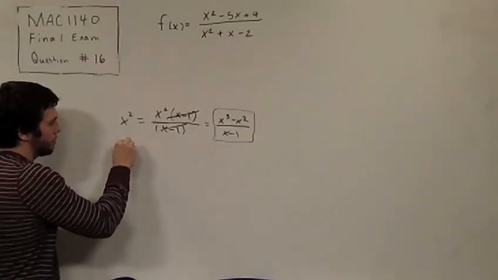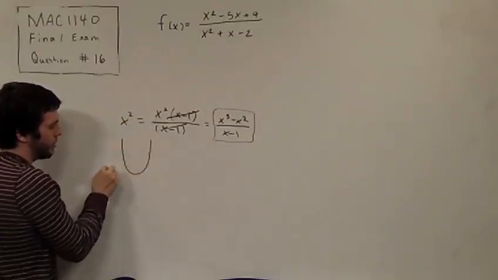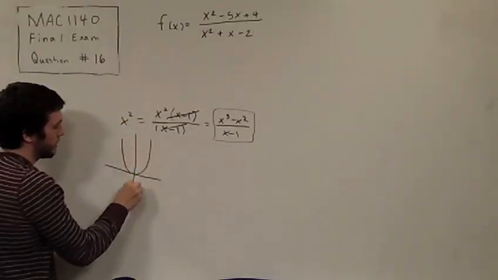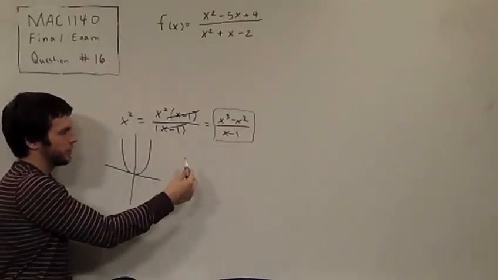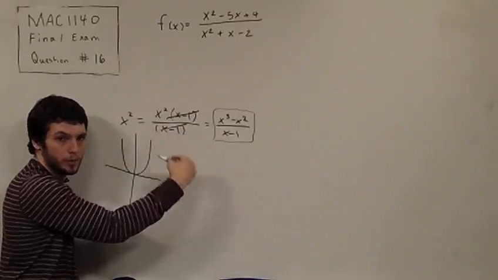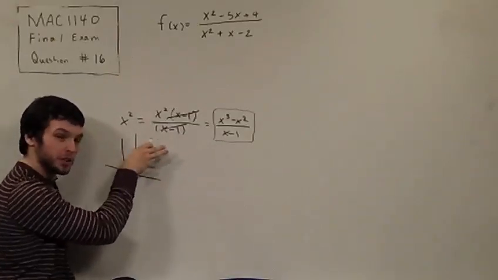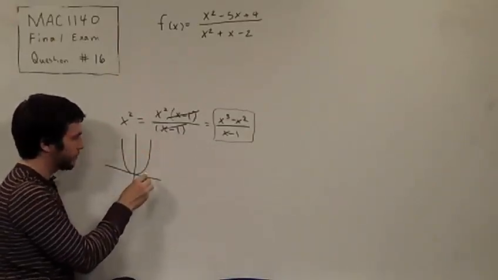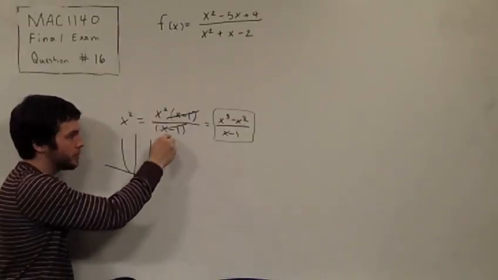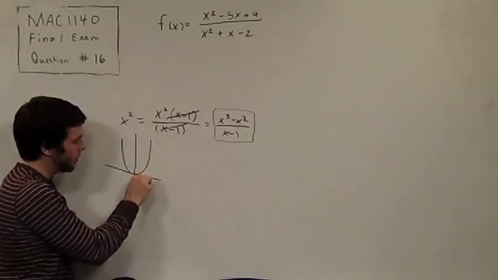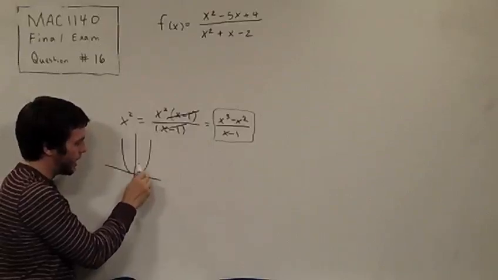Here's the parabola, x squared. But our function of interest had x minus 1 on the bottom. That means this function is undefined at x equals 1, because at x equals 1 the bottom is 0. So there's a hole at x equals 1.